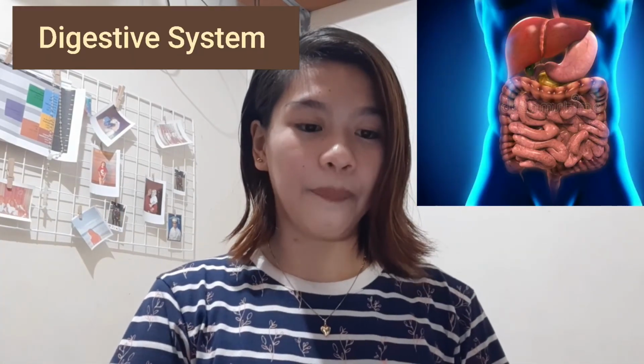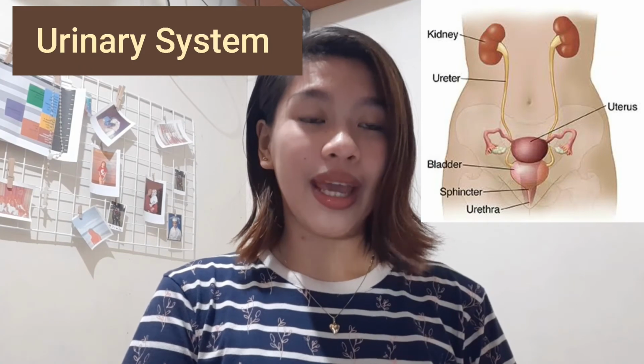The eighth system is the digestive system. My side and adverse effects are abdominal pain, diarrhea, constipation, and ascites. The ninth system is the urinary system, and my side and adverse effect is oliguria.